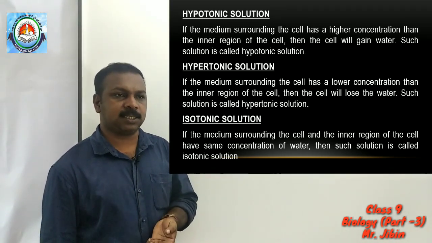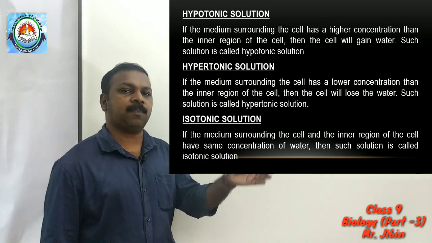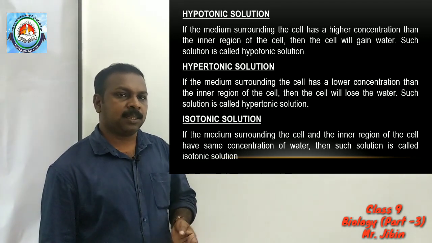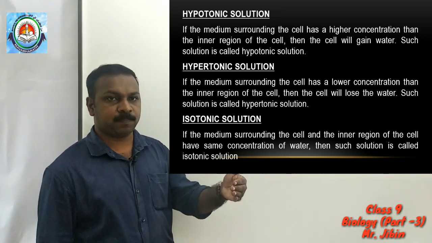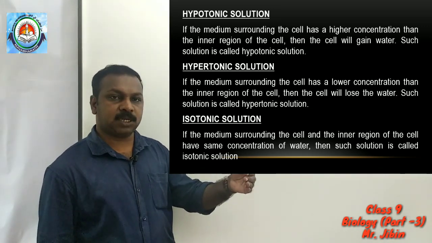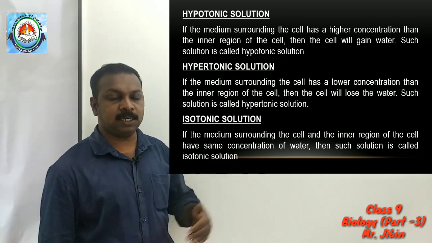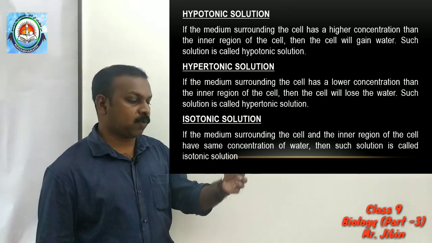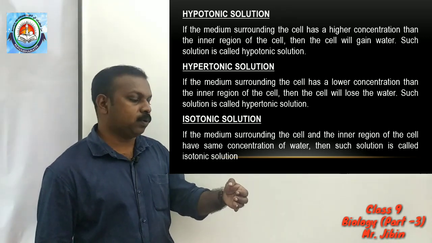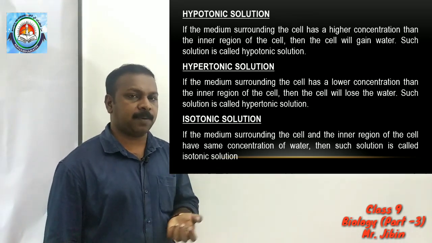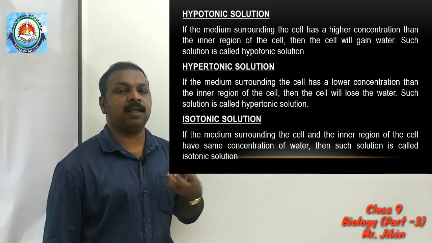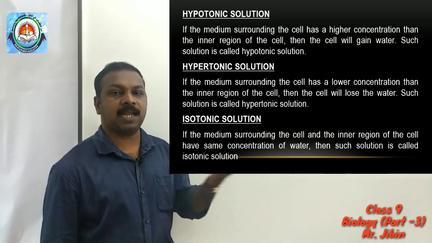Hypotonic solution means, if we keep a plant cell in a solution, then the materials are transported from the outer region, from the solution, to the inner region, inside the cell. Suppose water molecules from this solution move towards the inner region of the cell, then what may happen? It causes swelling of the plant cell.